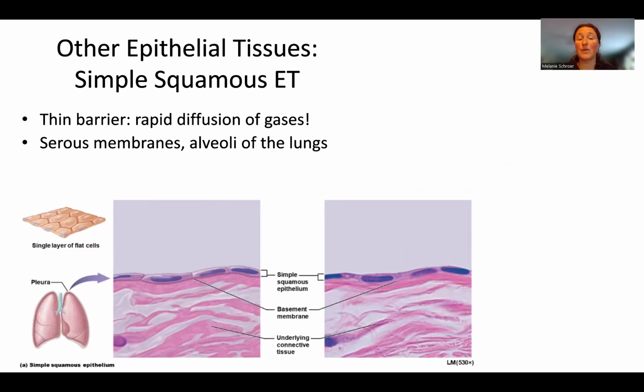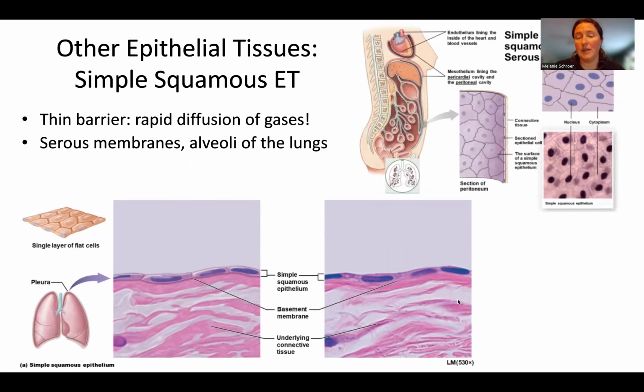We can let things go across this membrane really, really quickly. And so this makes sense in the serous membranes. Here we're looking at the pleura on top of the lungs. Up here we can see other serous membranes, so very, very flat, skinny cells are making up this thin membrane.